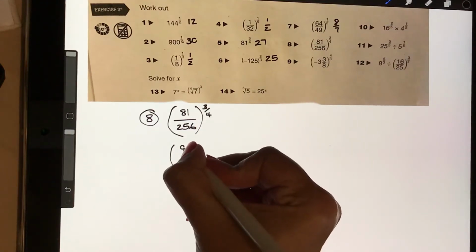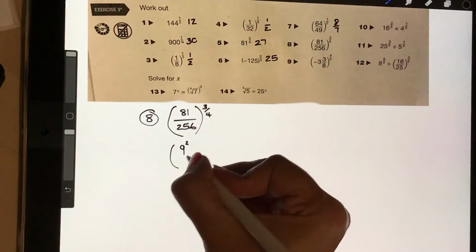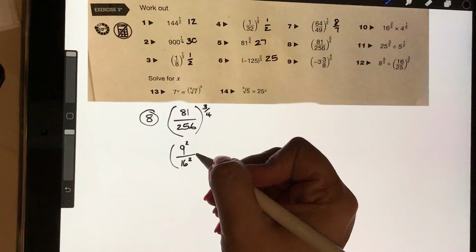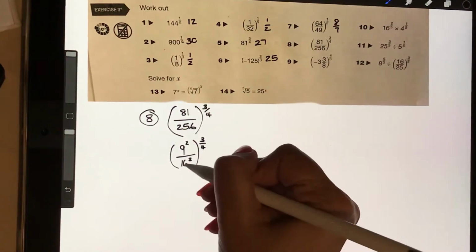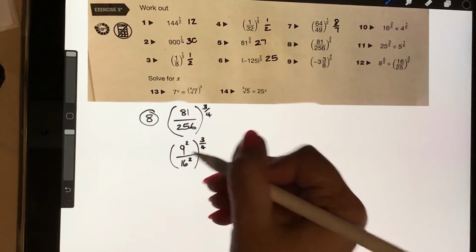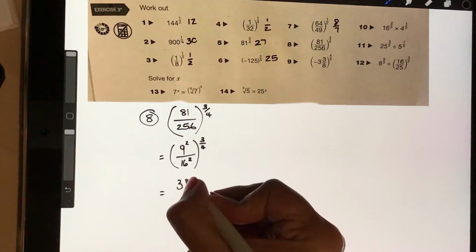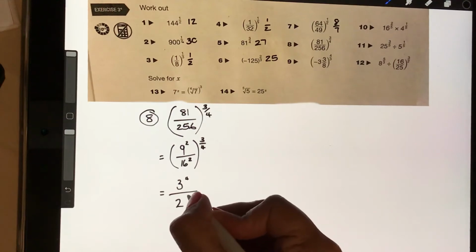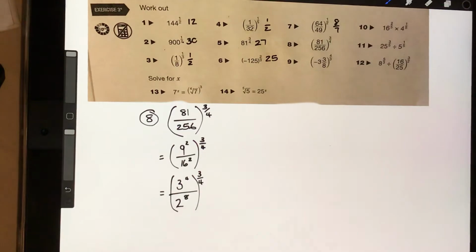So you are going to get 9 squared, which is 81, over 16 squared, which gives you 256, raised to the power of 3 over 4. But the 9 and the 16 can still be simplified even further. We can say that it's 3 to the power of 4 over 2 to the power of 8, all raised to the power of 3 over 4.